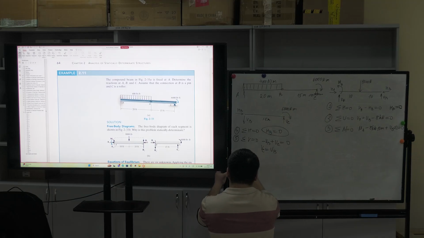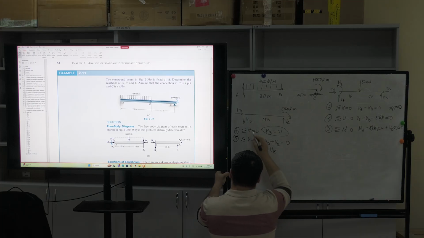Next one is equation number 6: sum of all moments is equal to 0. So I can take a moment at this point, that's why they are neglected. If the direction of moment on this side is such, it means that this one is negative.